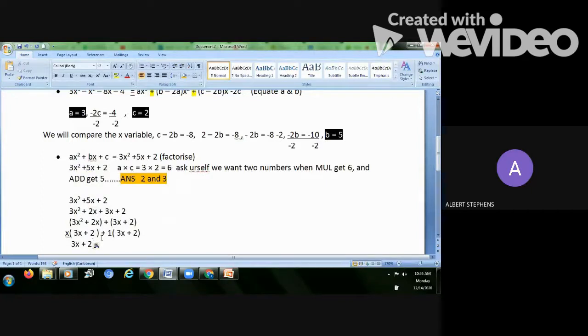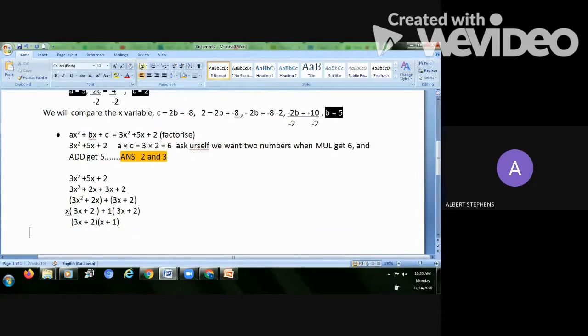When you take out what's common, what's left back is x plus 1. But if you put the 3 right here, you'll have x plus 1 first. It doesn't really matter. So are we good?